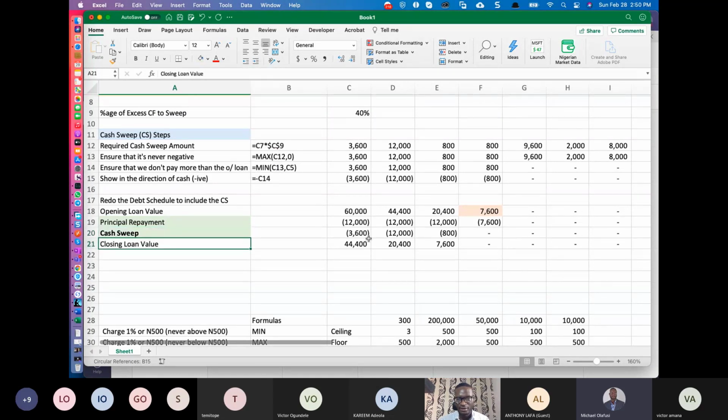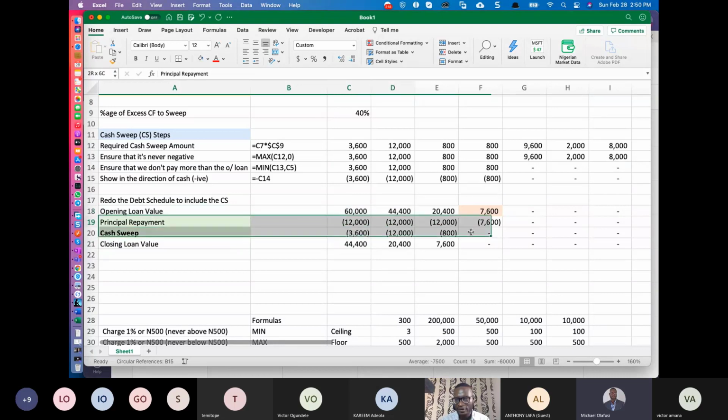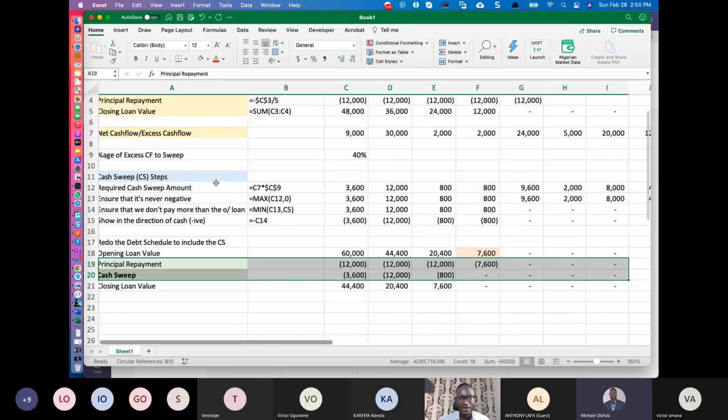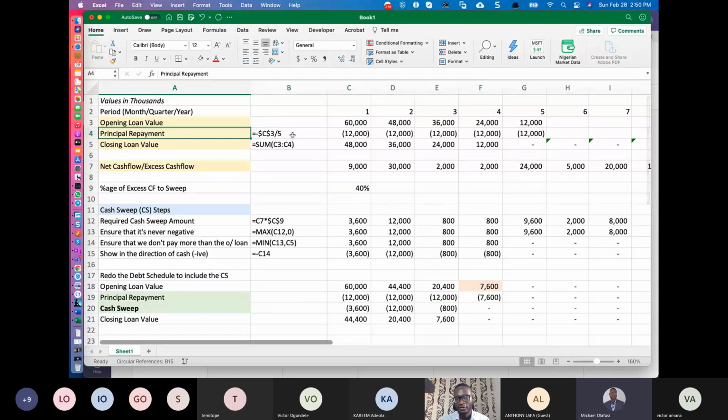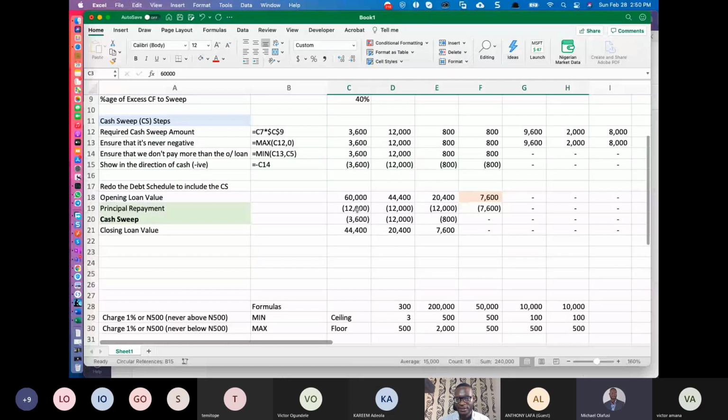And this one, I won't call it so much of an adjustment because it's always summing everything. So ultimately, these are the two things that you begin to adjust differently than when you look at your standard debt schedule.